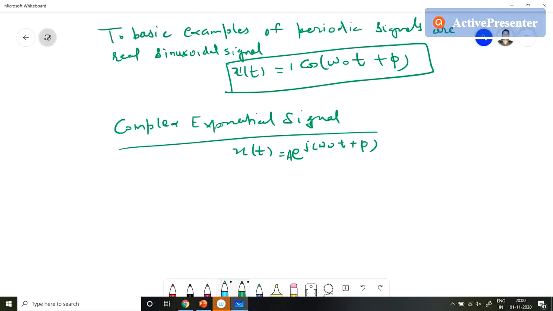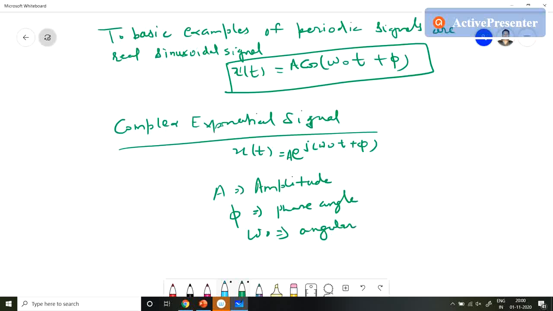Here A is basically the amplitude, and this phi is the phase angle, and omega naught is the angular frequency, and omega naught is equal to 2 pi f naught, where f naught is the frequency in hertz.